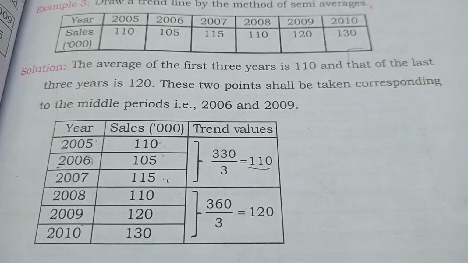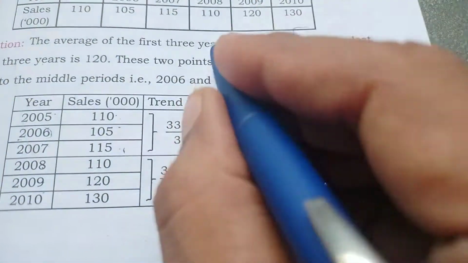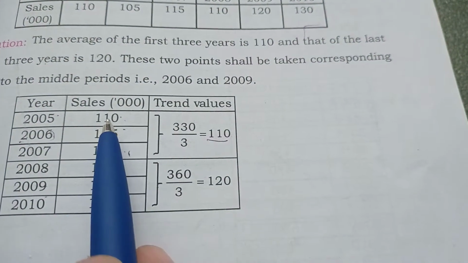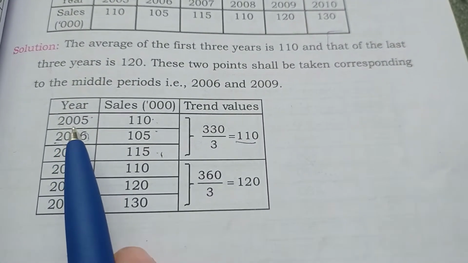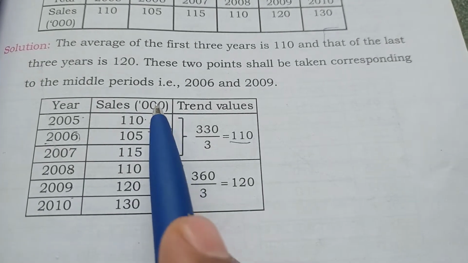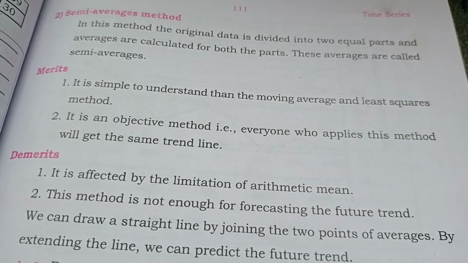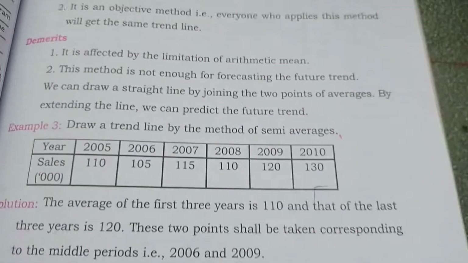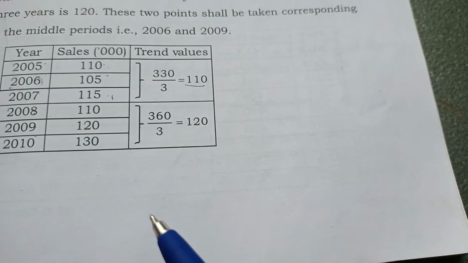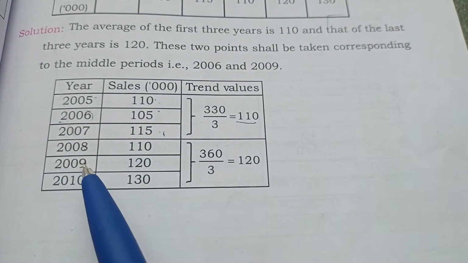It means they have given 6 years, so we should take 3 years in each part: 2005, 2006 and 2007 form one part. Already I have told you that the method divides the data into equal parts. If I divide the 6 into 2 equal parts, that is 1, 2, 3, 4, 5, 6.